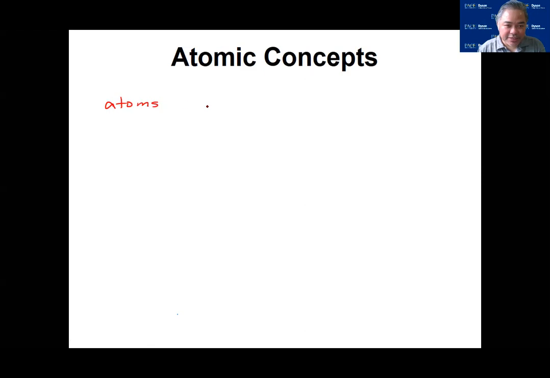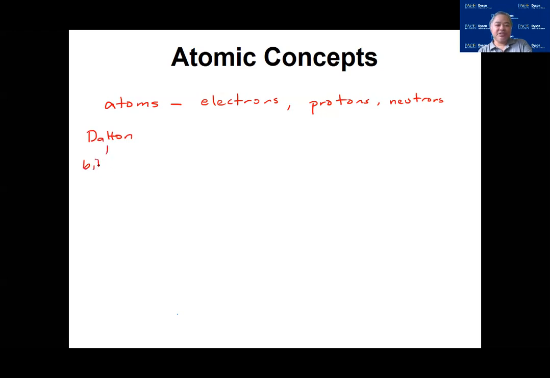So an atom will have electrons and then protons and neutrons, right? And then you can also include here the Dalton, which is usually like a billiard ball for the concept of atomos, which is just what we call borrowed from Democritus.